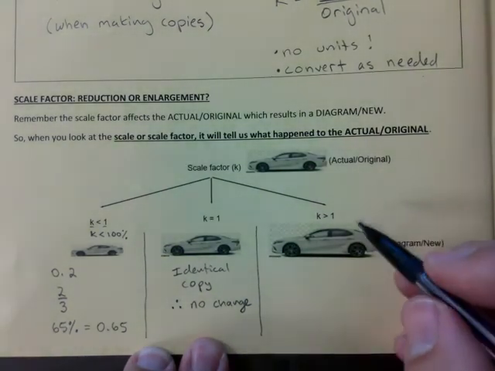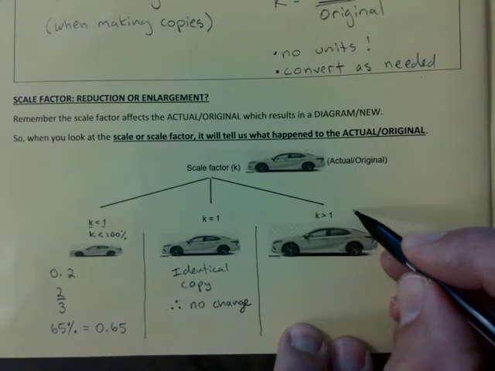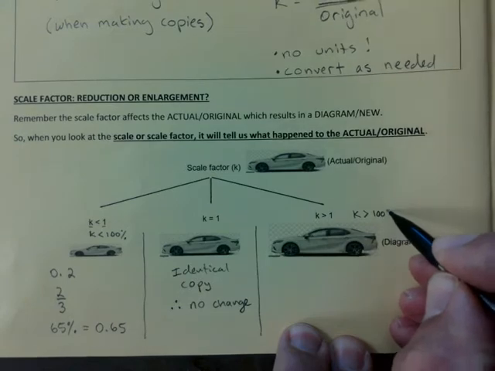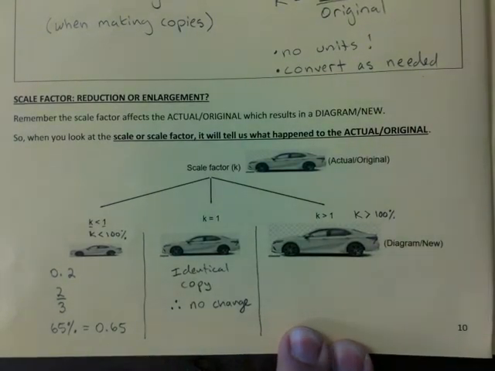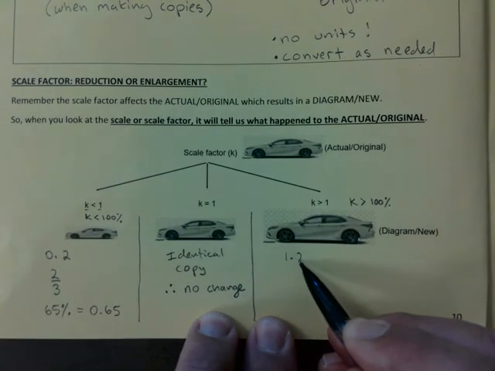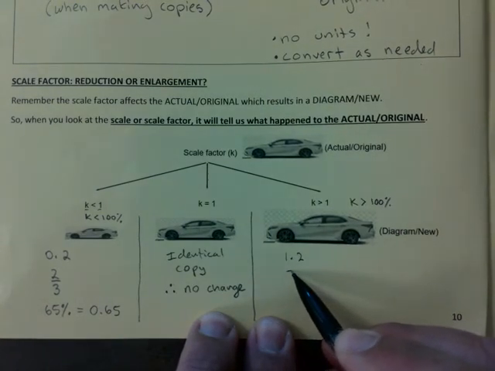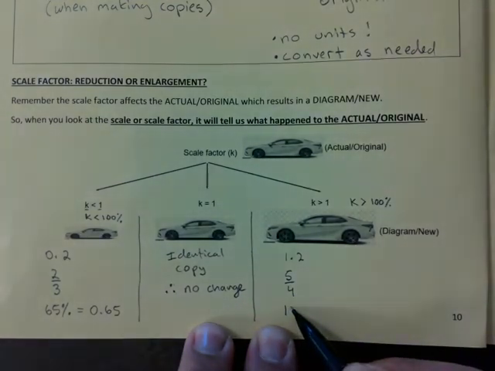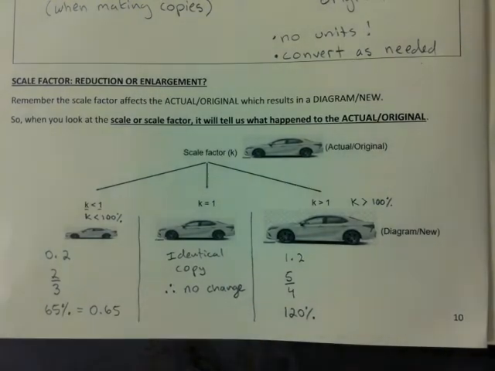And then if k is greater than 1, you can also say k is going to be greater than 100%. You're saying the same thing, by the way, right? So if you're at 1.2, or 5 over 4, or 120%, any one of those scale factors represents an enlargement of the original.